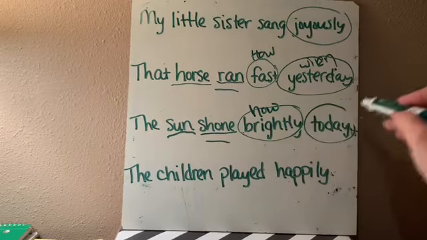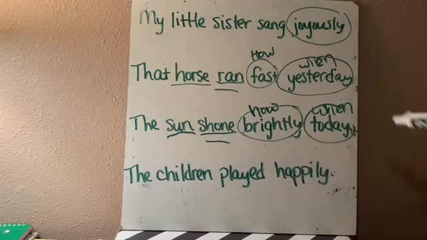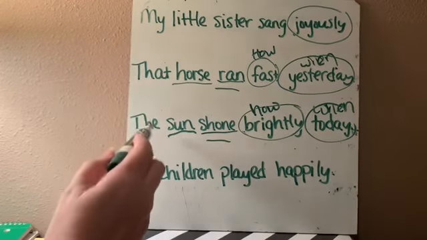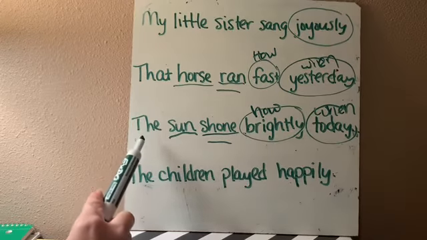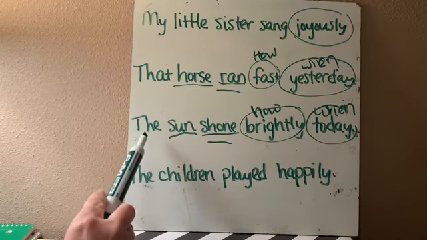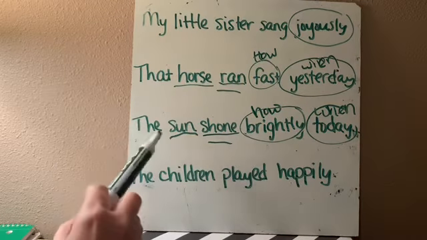And today tells me when. Remember, what is this? This is an adjective. It's also known as an article. There's 3 articles. What are those? A, an, and the. Very good.